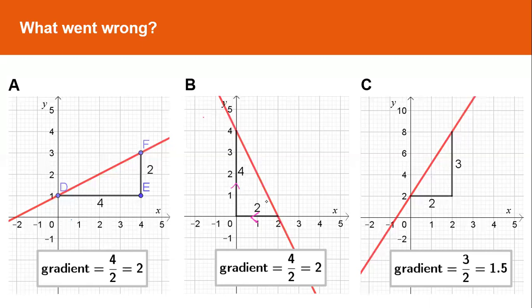When you look at the movement, you can either move like this and go up to meet this point, or you can decide to move down. So the gradient can't be positive. That was the mistake. Whenever you see a line coming down like this, your gradient will always be negative. Whenever the line is going up diagonally like that, it will always be positive. So that was the mistake, Tasha. The rest was okay, but you didn't see the negative.